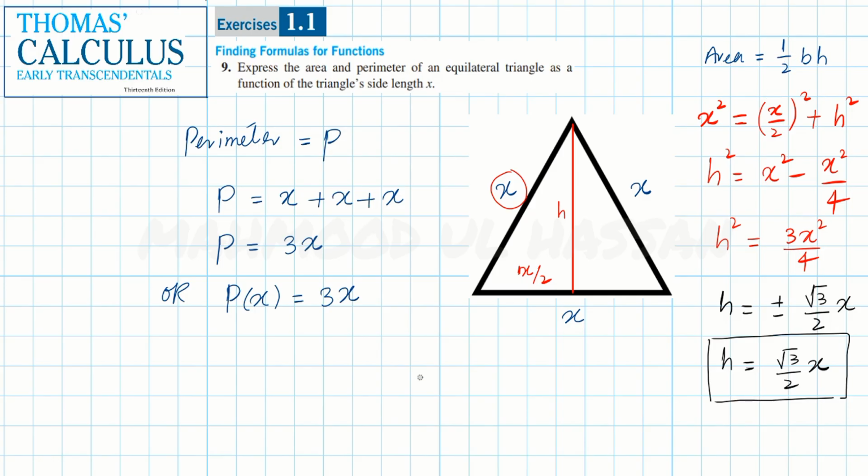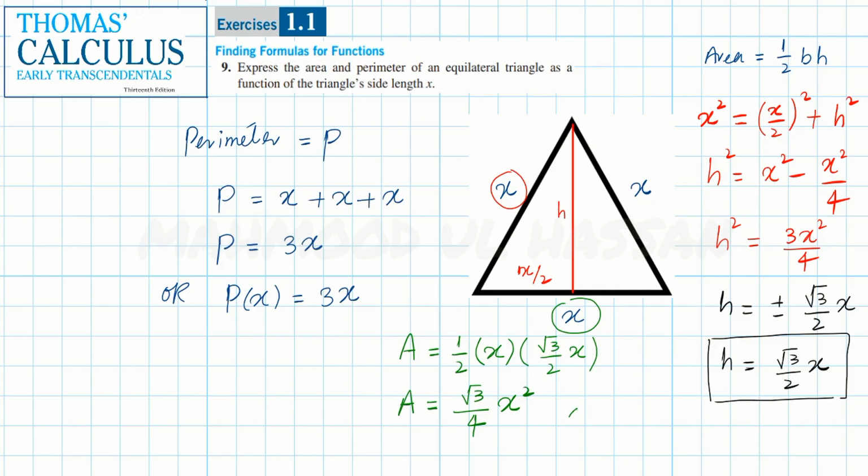So you can see here the area A is equal to 1 upon 2. What is the base of this equilateral triangle? My base is x, so we put x here. And then what is my height? The height is square root of 3 divided by 2 times x. Okay, so the area is going to be equal to square root of 3 divided by 2 times 2 is 4, and then x times x is x squared.